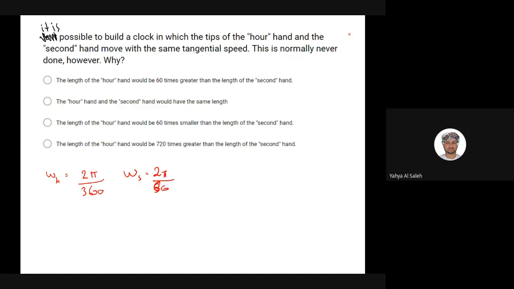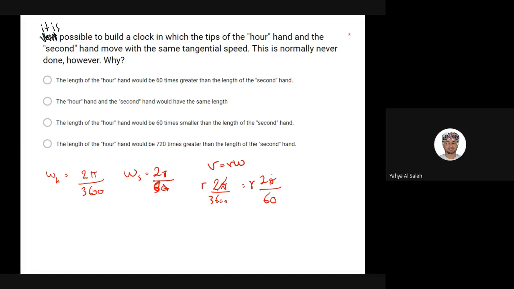simply 60 seconds. Now, if we want them to have the same tangential speed, v equals R omega, we would require R hour times 2 pi over 3,600 to be equal to R second times 2 pi over 60.